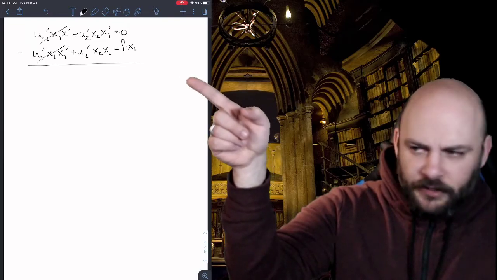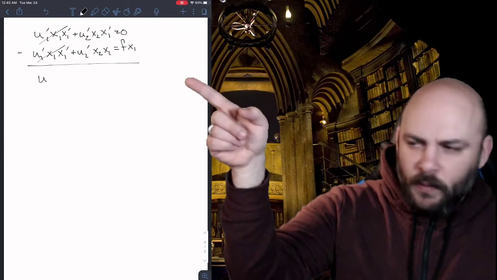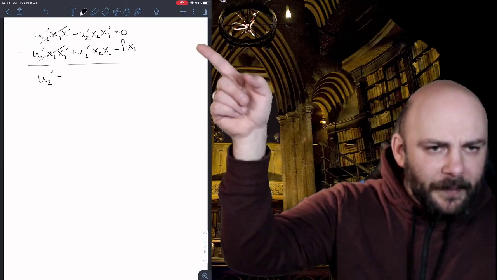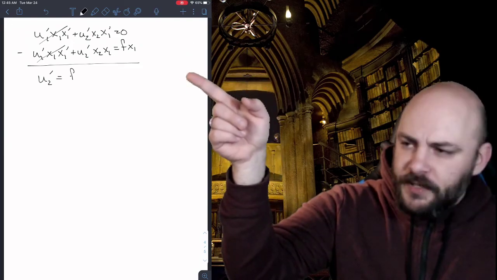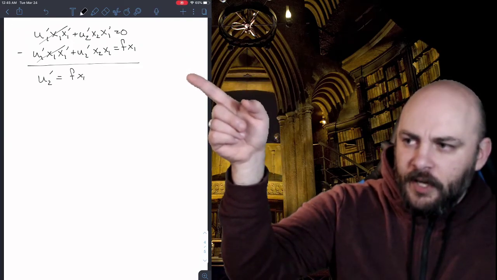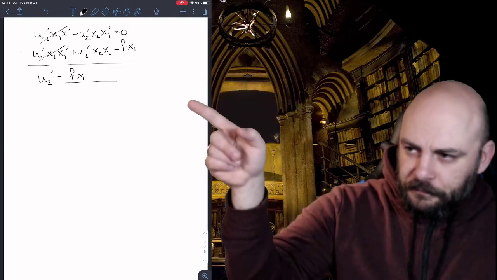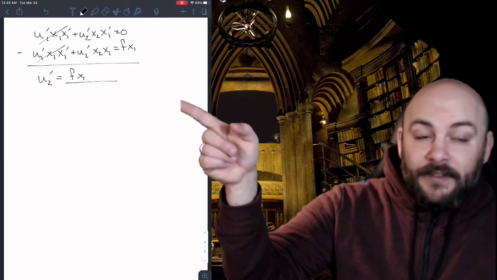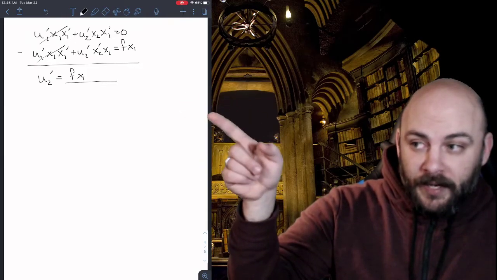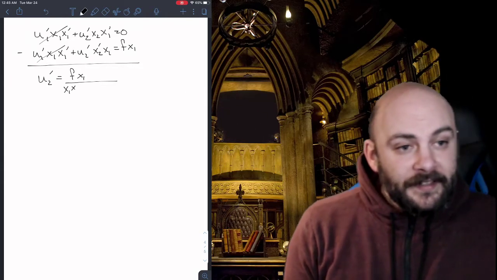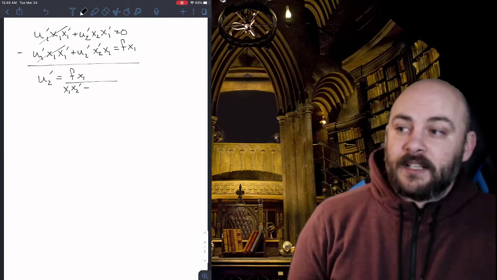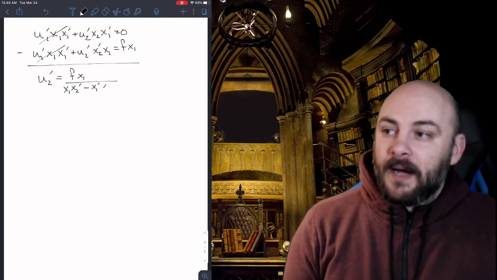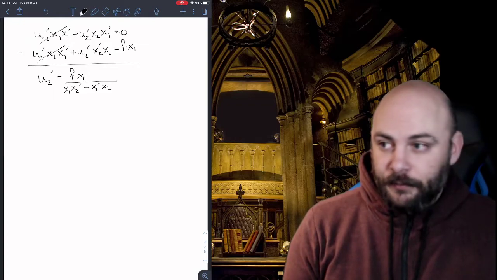I'm going to do it eventually. Equals f of x1, because I took the entire first equation, multiplied it by x1 prime, and the entire second equation, multiplied by x1. Okay, taking the difference, here's where I'm going to notice that I left out the prime. Okay, taking the difference and then solving for u2 prime, I get f times x1 equals x1 x2 prime minus x1 prime x2.